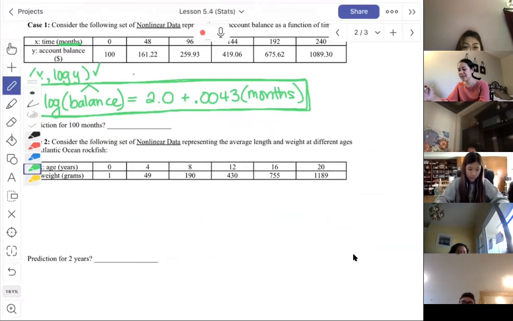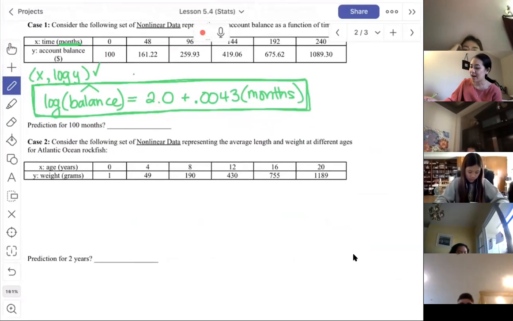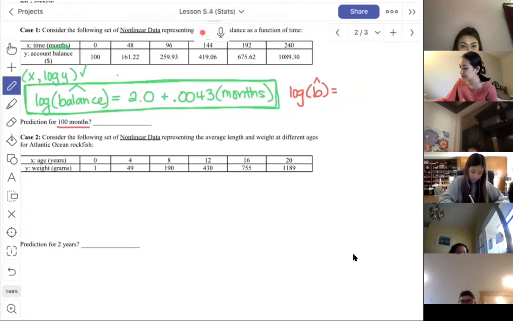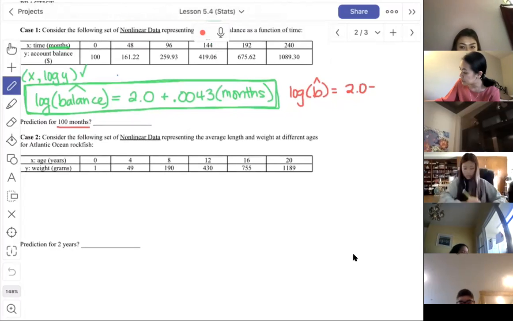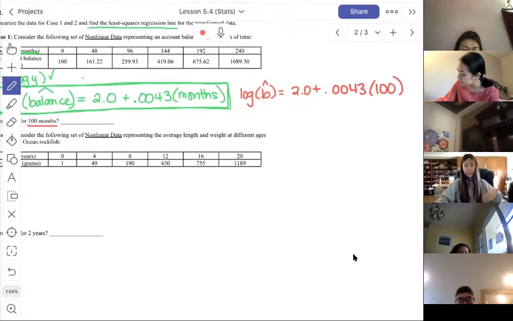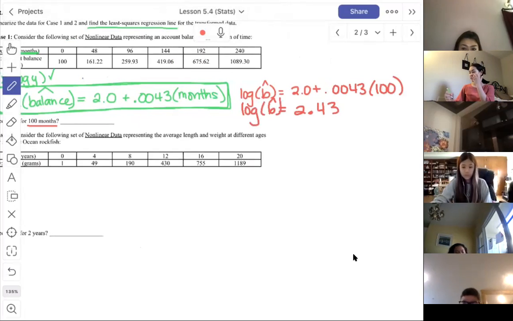All right, other questions? All right, then the last thing is we're going to make a prediction with this now for 100 months. So plug in 100, so log of balance, I'll just call it B for now since I'm running out of room here, equals 2.0 plus 0.0043 times 100. And that gets me 2.43. All right.